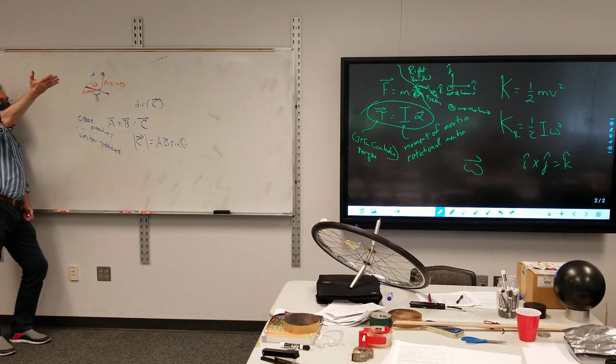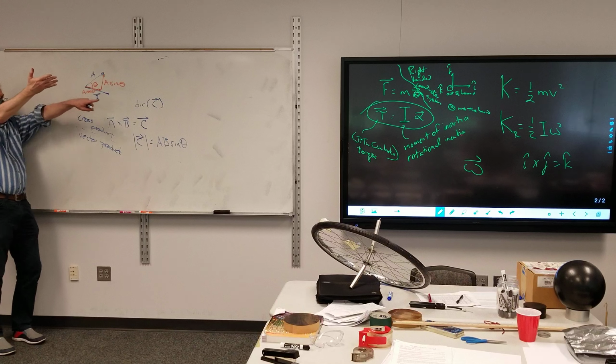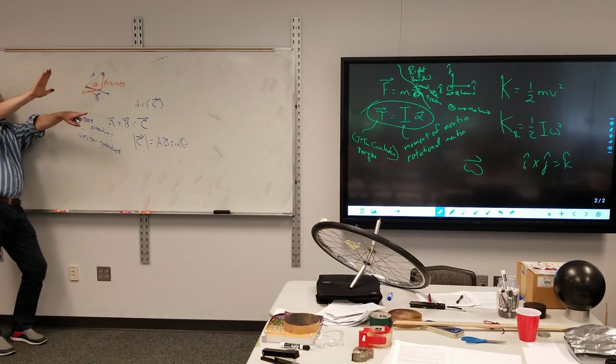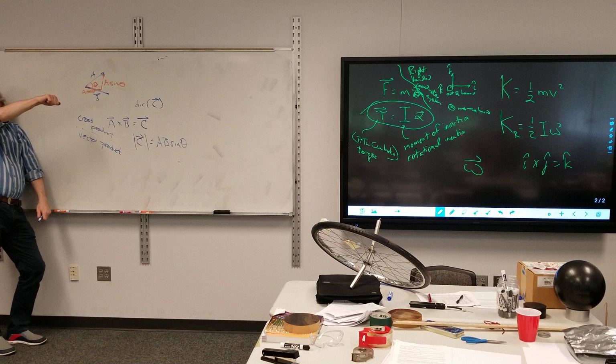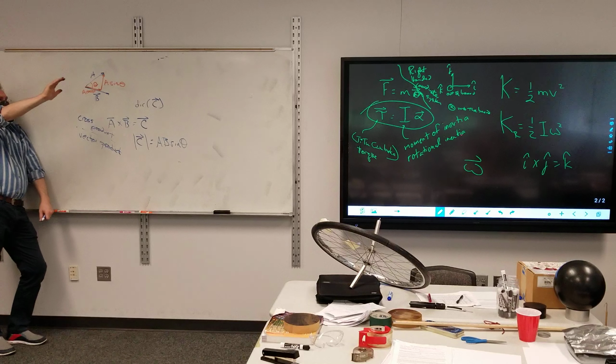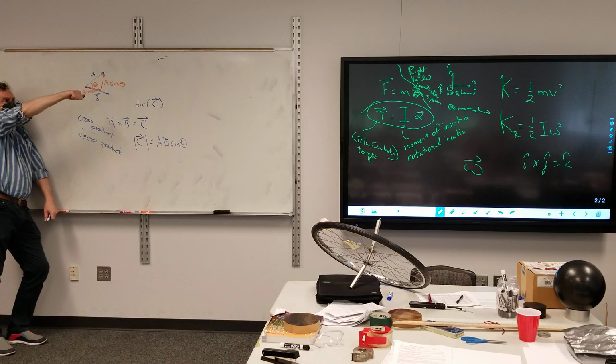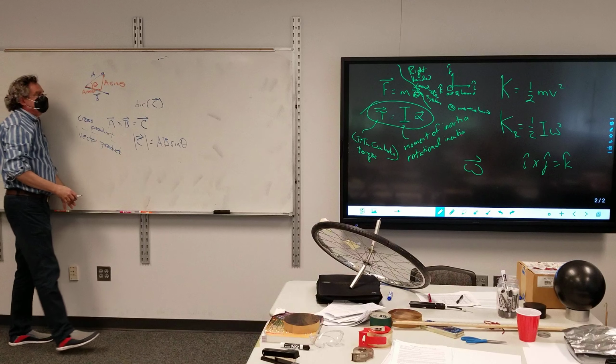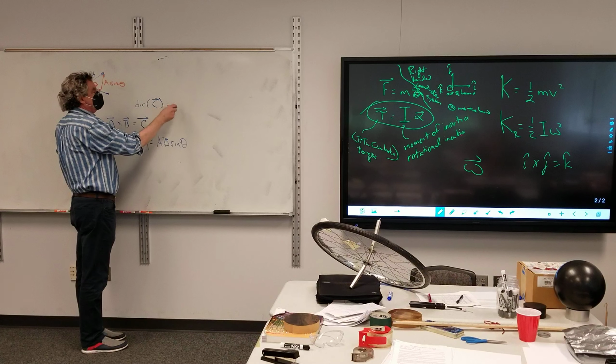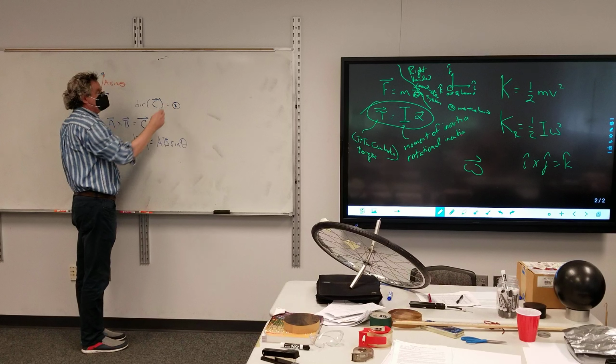I'm crossing it with B. B is down, B is that way. So when I put my hand, my fingers will bend in the quickest direction towards B, and my thumb points in the direction of the vector. It's right hand rule. Again, right hand, not dominant hand. A, B. So the direction of C in this case would be into the board.